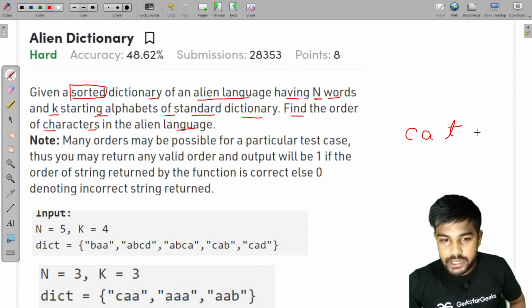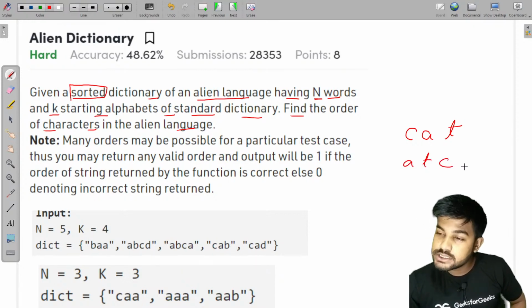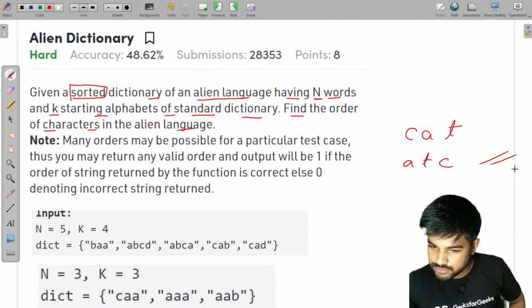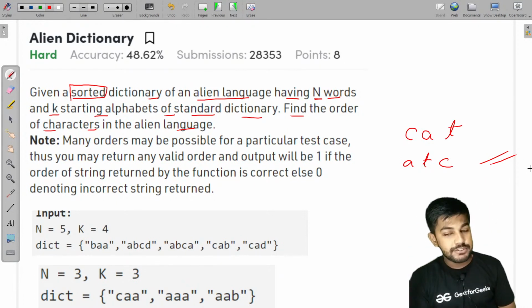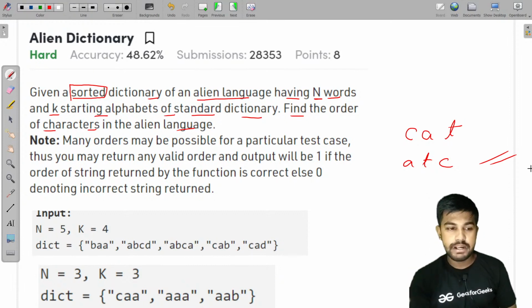But in their language, they would use the same alphabets, but the words might be different, like ATC. In their language it might be the case that this is meant as cat itself. The alphabets would be the same, but just the meaning of the words might be different.